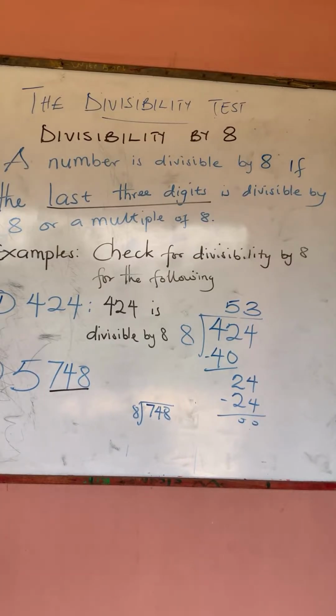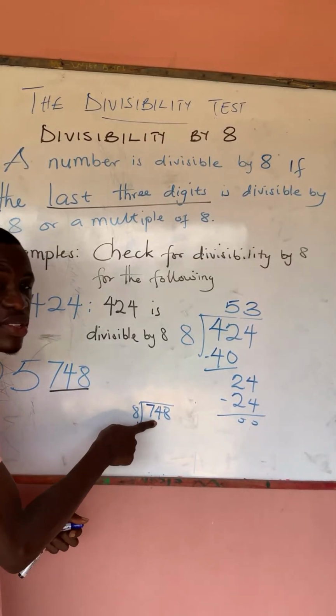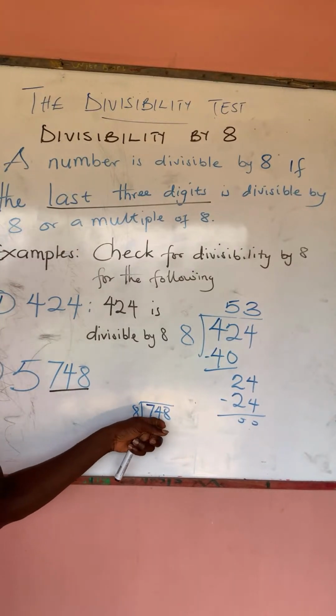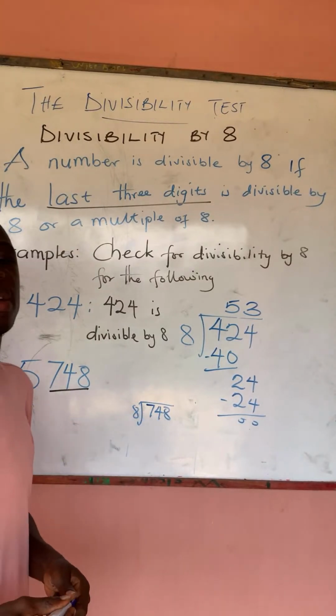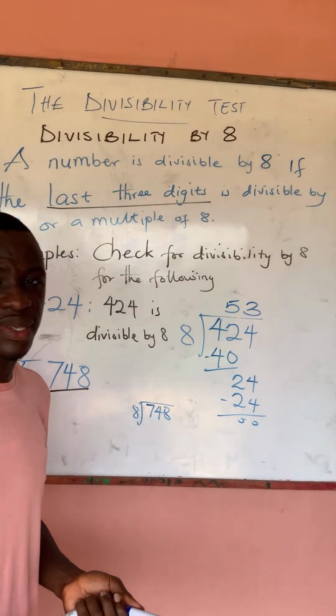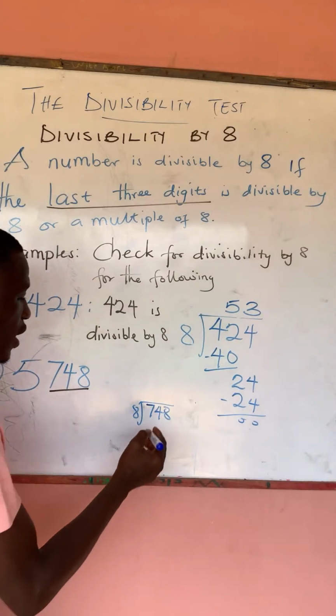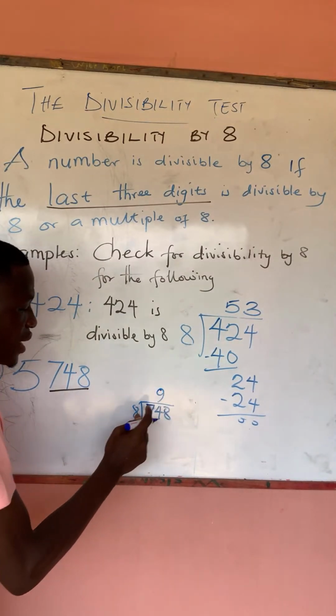So you are going to add up the next number 4 to make it 74. We ask ourselves, how many times will 8 divide 74? And 8 divides 74 9 times, because 8 times 9 is equal to 72.